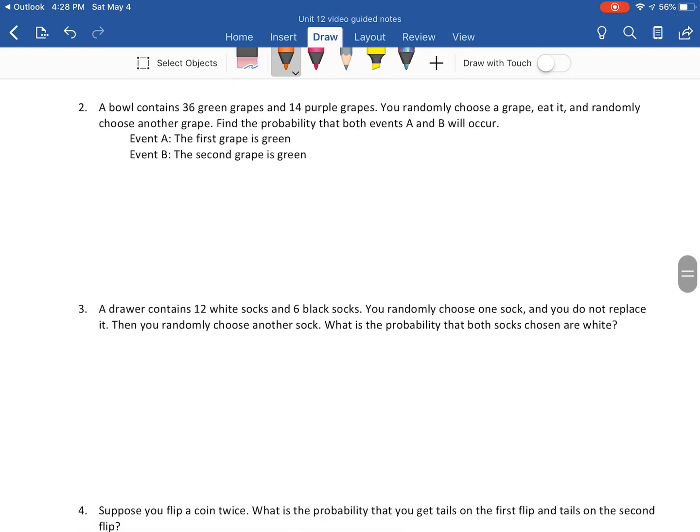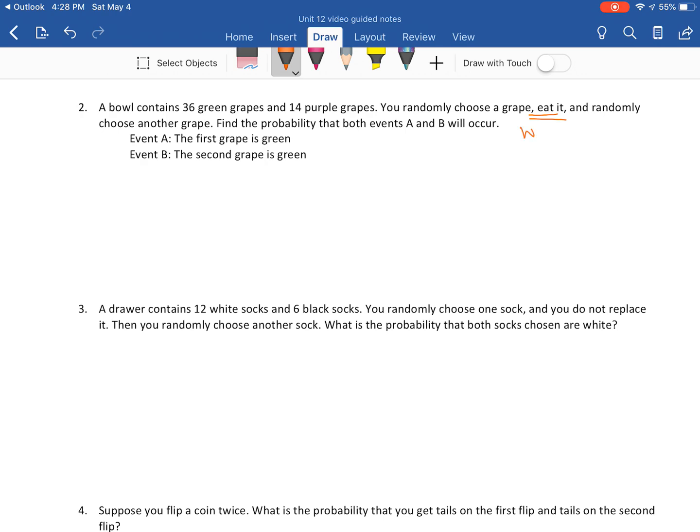Number 2: a bowl contains 36 green grapes and 14 purple grapes. You randomly choose a grape, you eat it, and then randomly choose another one. Find the probability that both events A and B will occur. If you eat the grape, can you replace it? Can you return the bowl of grapes to the original condition? The answer is you can't.